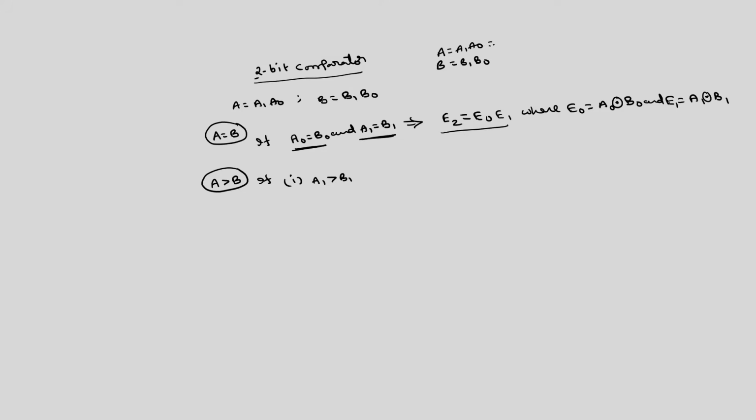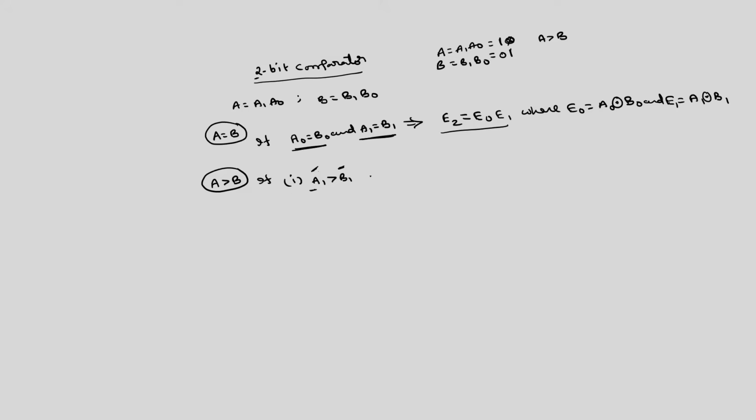If A1 is 1, B1 is 0, this is a do not care, it can be 0 or 1. In any case A is greater than B. So, if the MSB of A is greater than the MSB of B, it is sufficient to say that A is greater than B.